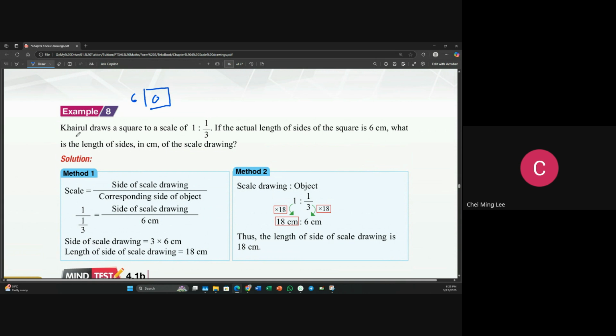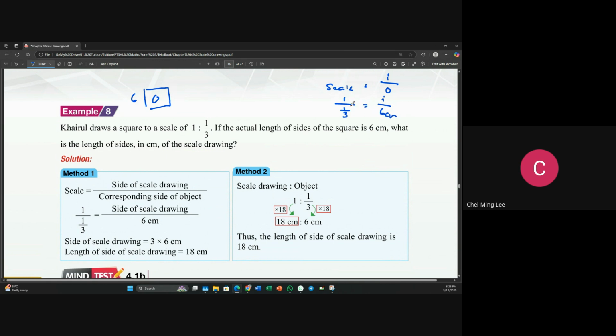He wants you to find the length of the side in the scale drawing. So we know that the side of the scale drawing is normally, I like to use image. So normally the formula of scale equals image over object. All right. So this one will be 1 to 1/3. So 1 over 1/3 equals the image over object, which is 6 cm.